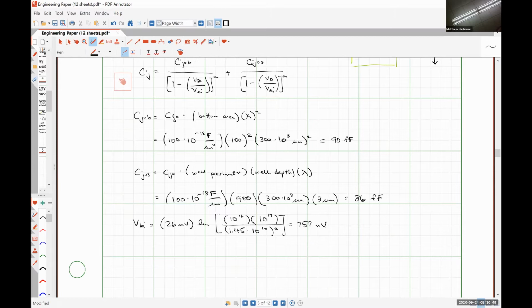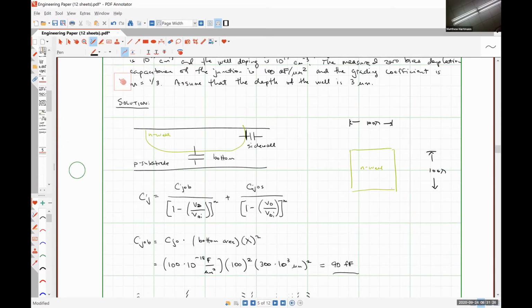And so we can see that our junction capacitance as a function of VD, our biasing voltage, is 126 femtofarads, which is just these two added together, divided by 1 minus VD divided by 0.759 volts, to the power of our grading factor of 1/3.